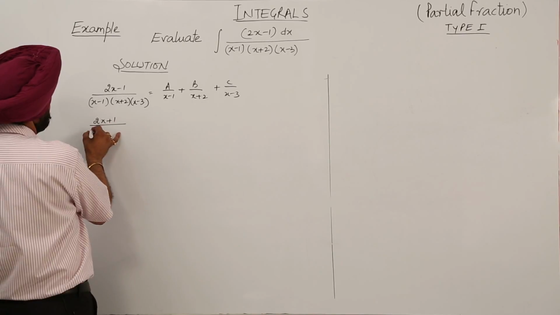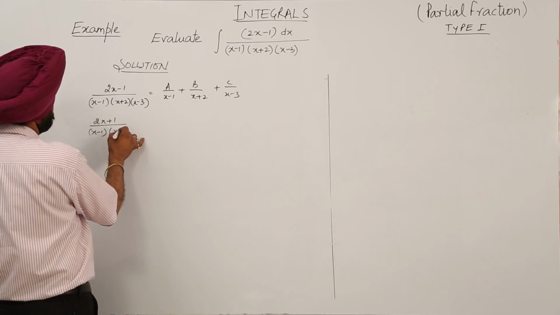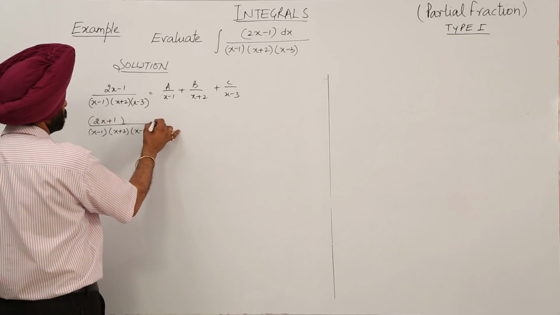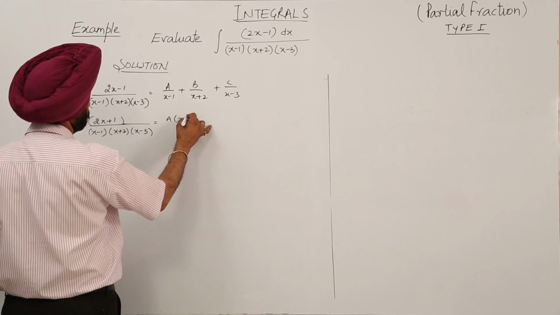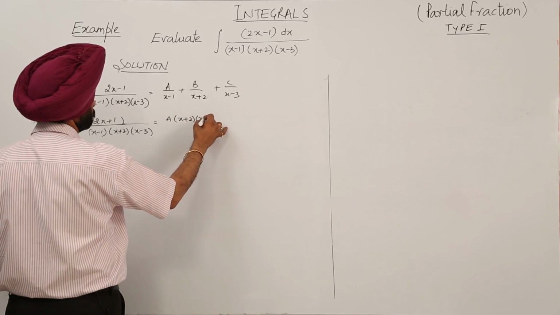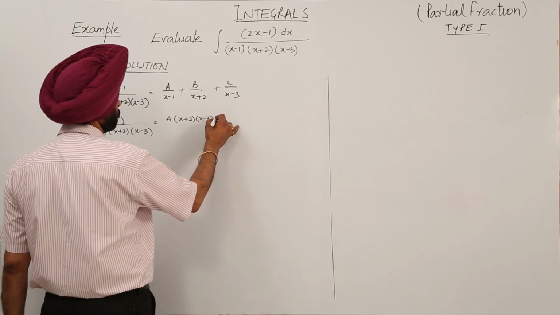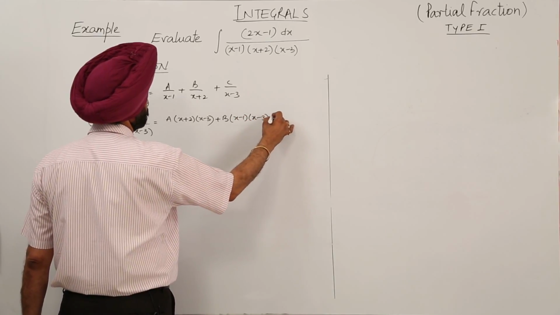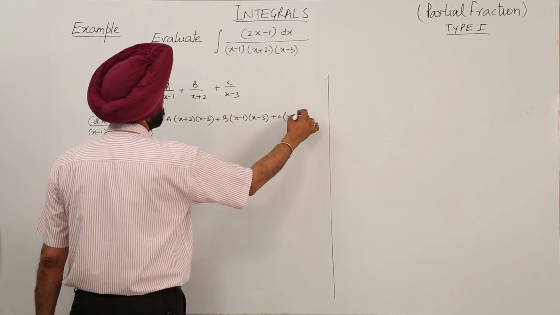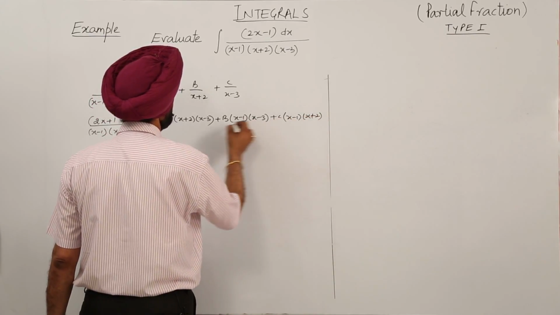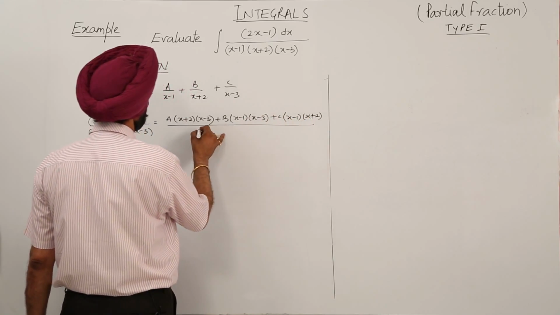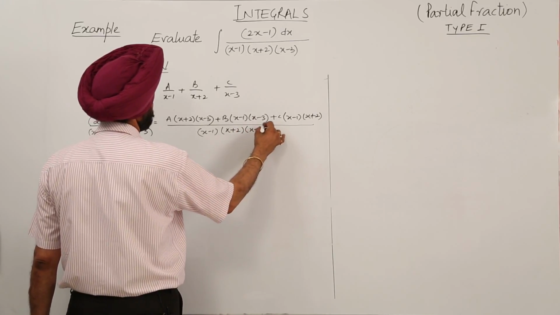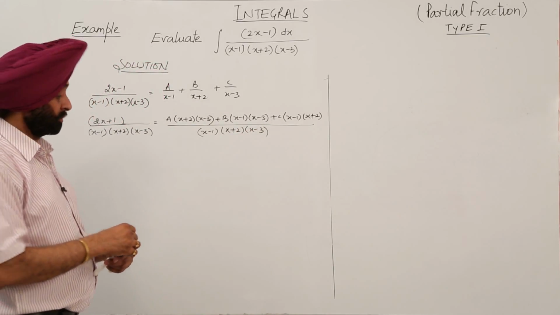(2x plus 1) upon (x minus 1)(x plus 2)(x minus 3) is equal to A(x plus 2)(x minus 3) plus B(x minus 1)(x minus 3) plus C(x minus 1)(x plus 2) upon (x minus 1)(x plus 2)(x minus 3) after taking the LCM.